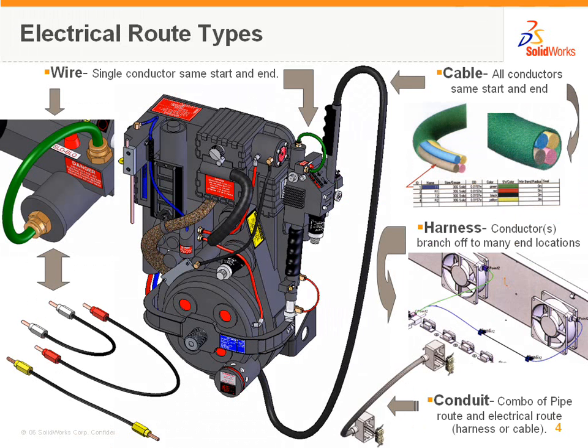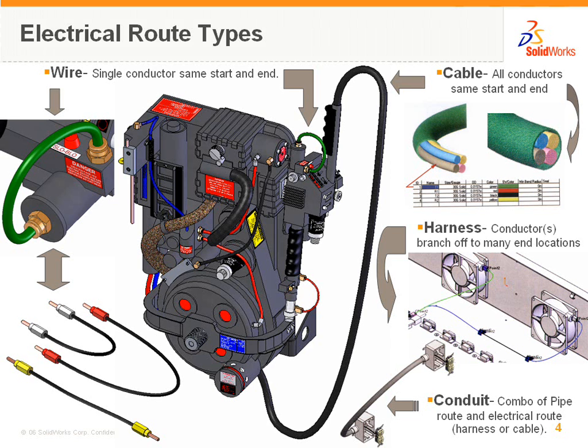So for electrical route types, we have the following. We have wire type, that is a single conductor that starts in one location and ends in one location. We have cables, that is multiple conductors, however they have the same starting location and one ending location.